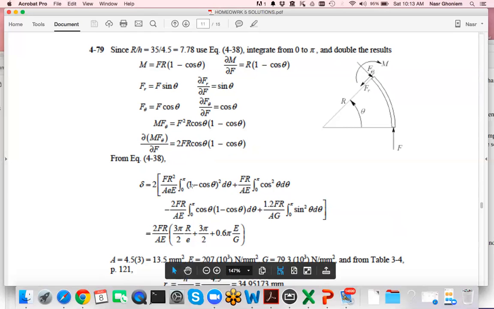So we have one component due to the bending. The comment that I have here is that this component has a ratio of R over e, and e is the eccentricity. Usually the eccentricity of a thin ring is very small, so R over e becomes very large, like an amplification factor.